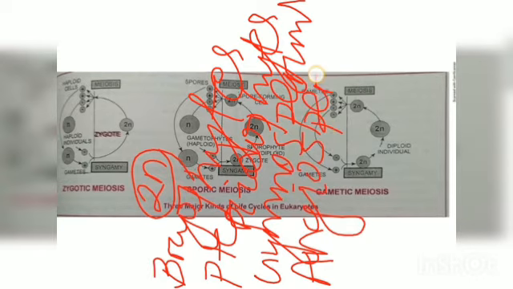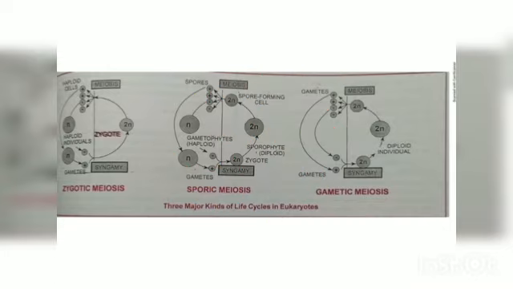Okay, these four spore forming plants in their diploid spore mother cell perform sporic meiosis to produce spores.